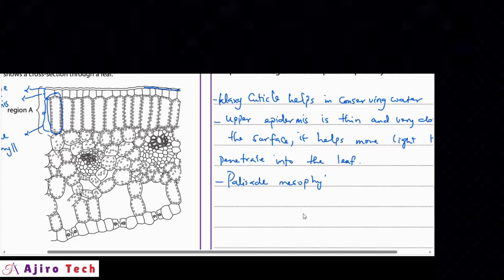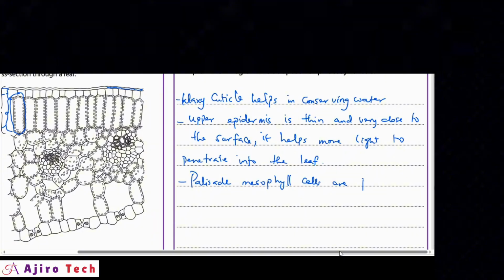So palisade mesophyll cells are packed with lots of chloroplasts which contain chlorophyll.